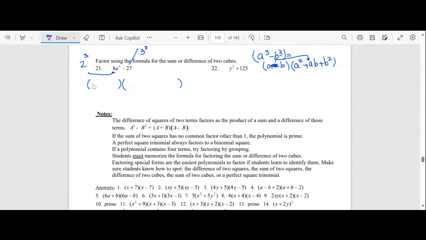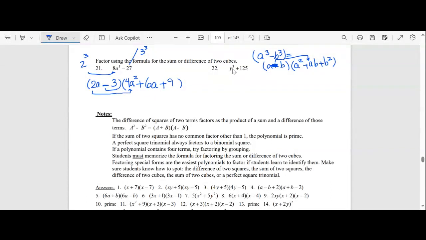So it's going to be 2a minus 3. 27, we said is 3 cubed, right? Now, what's the square of 2a? 4a squared, correct? Plus, multiply the first times the second. What are you going to get? 6a. Square the last. How much? Plus 9. Okay?